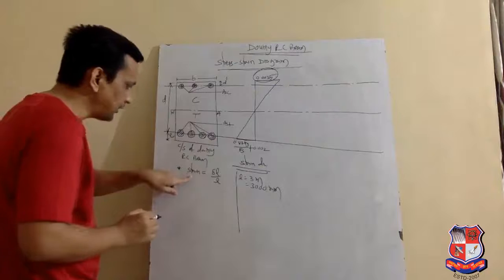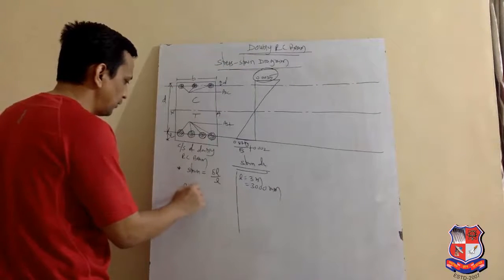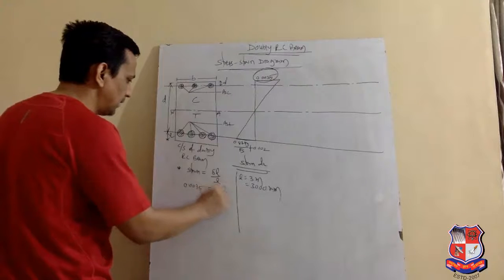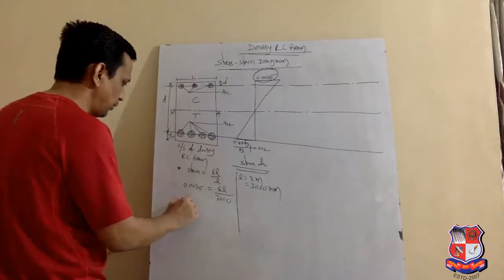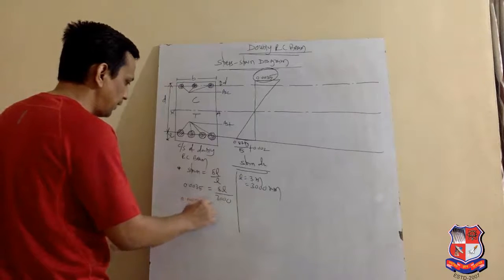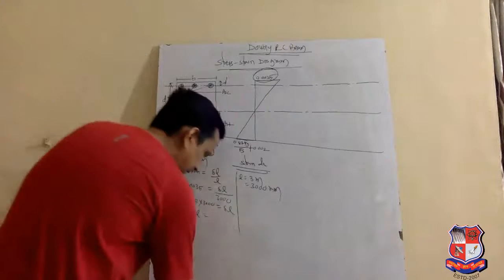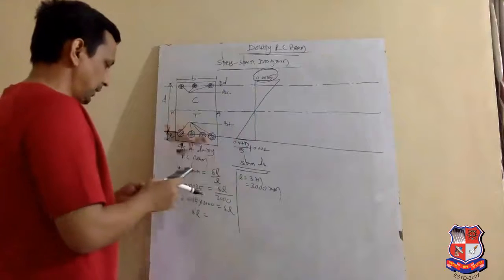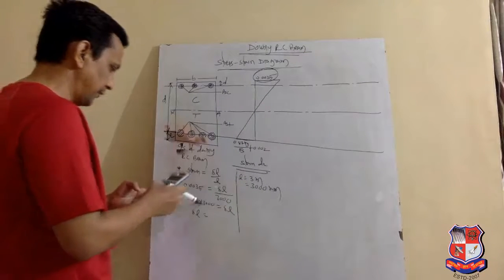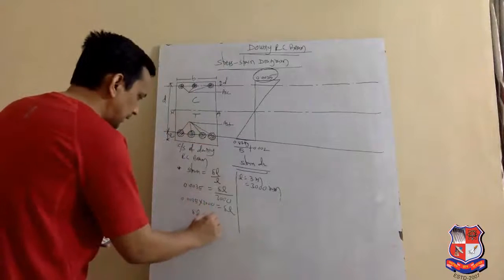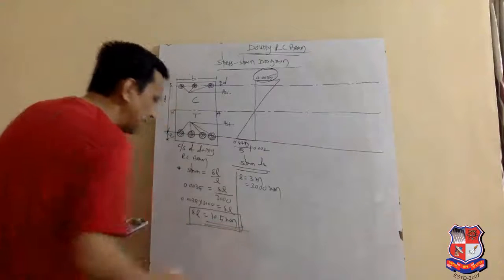Now here, what is the value of maximum strain? 0.0035 is equal to delta L upon 3000. That's why 0.0035 into 3000 is equal to delta L. We get 10.5 mm.